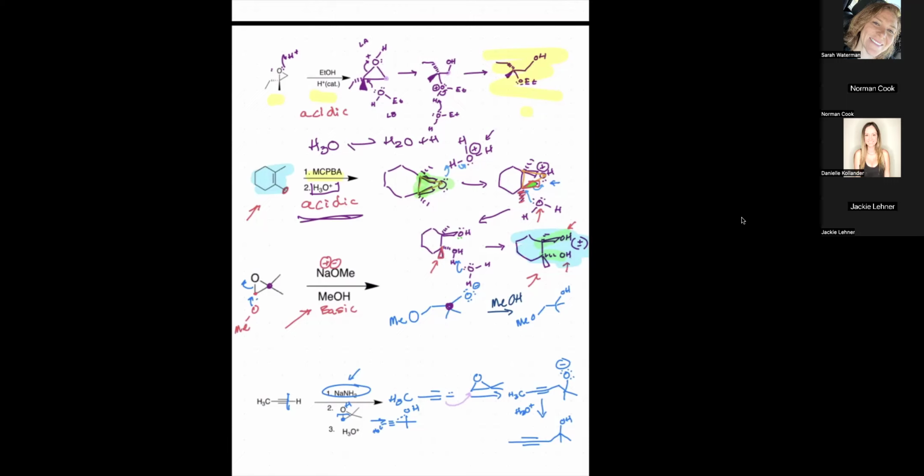We put this OH on here, and then this water deprotonates over here, the water that's attached to that carbon, and that's how you end up. So we've got a protonation, addition, deprotonation, right?